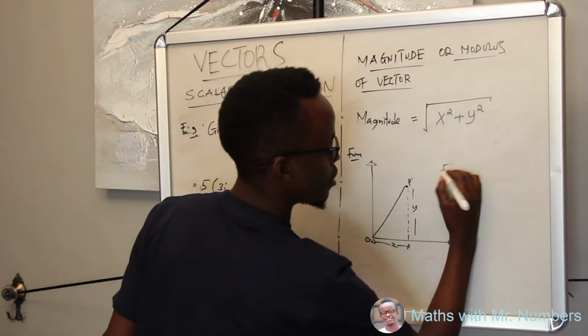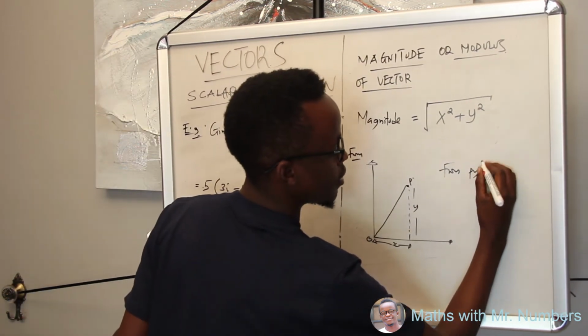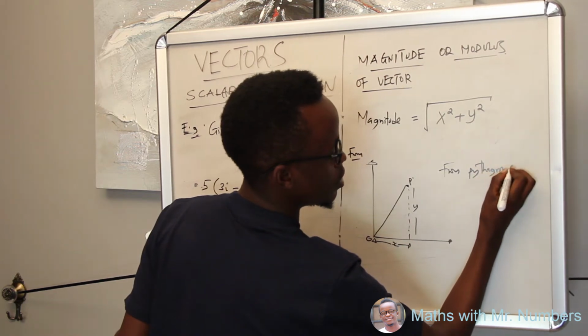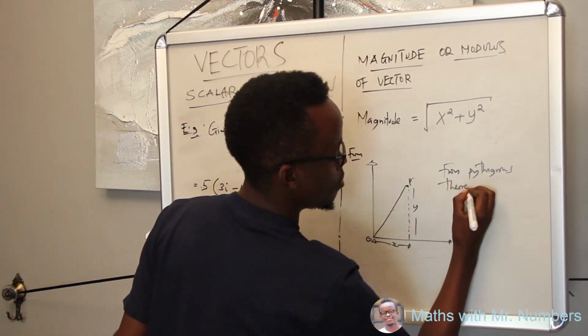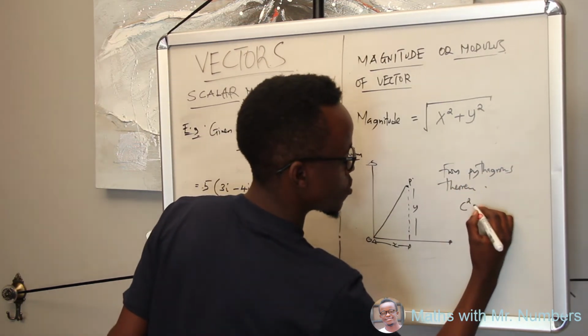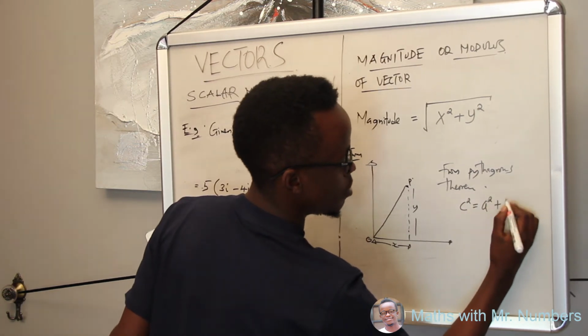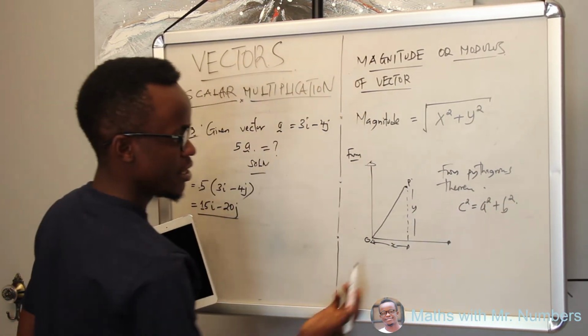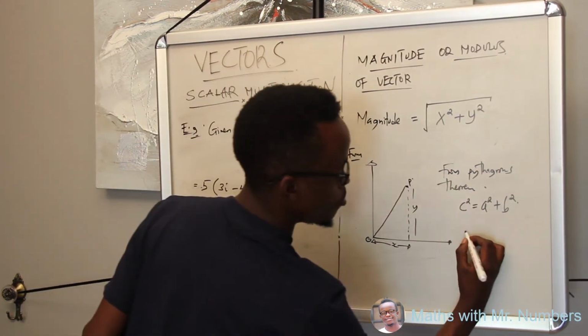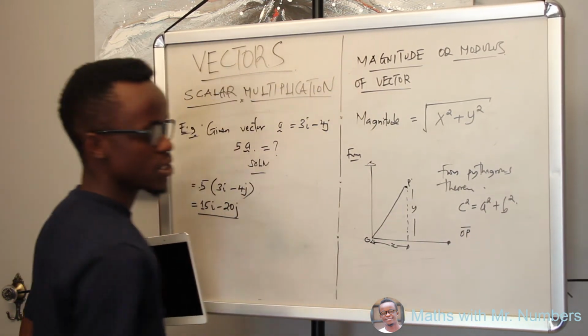Therefore, from the Pythagorean theorem, c squared equals a squared plus b squared. Therefore, c squared is OP, the distance OP.